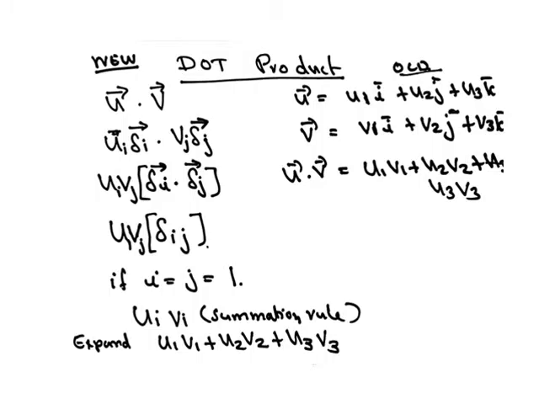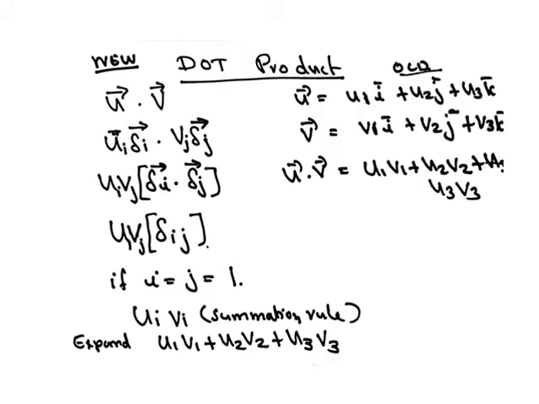So what is the value of del ij? When i equals j, its value is 1. In all other cases it's 0. So you can write ui vj where i equals j equals 1, so ui vi you can write. Wherever j is there, you can replace it by i.